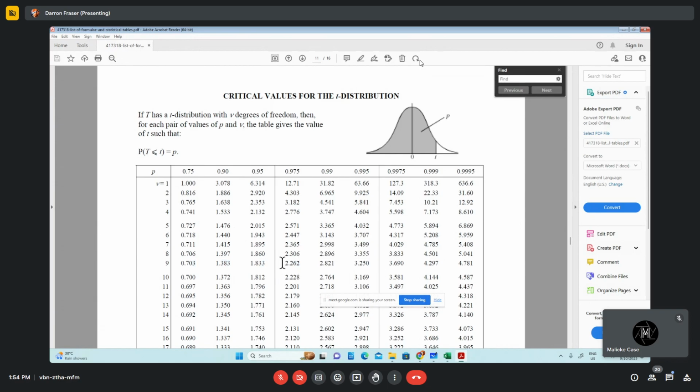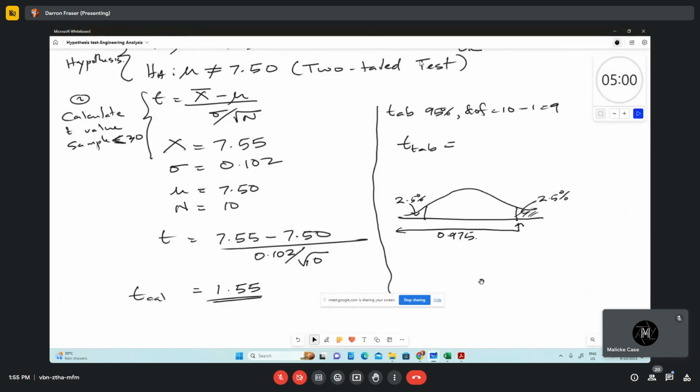And when we look under 9, we see 2.262. So our T tab is 2.262.